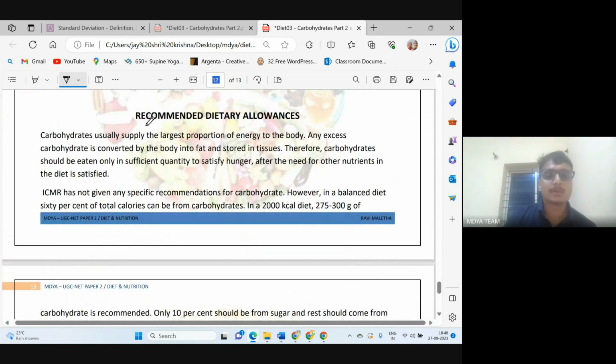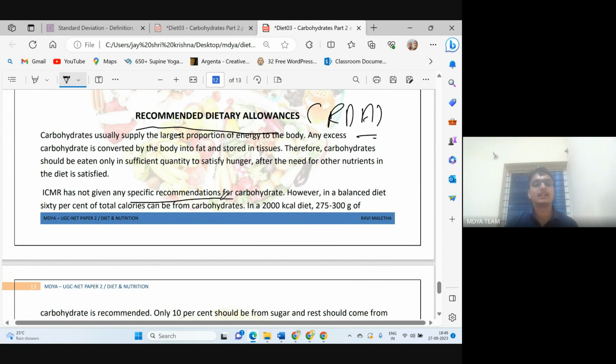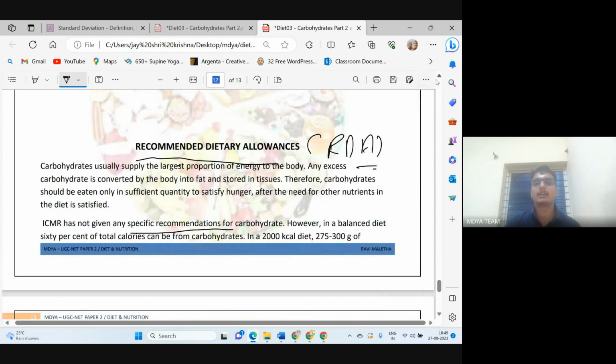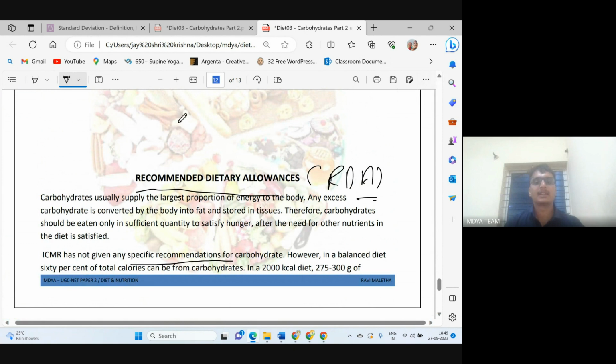Now let's talk about recommended dietary allowance, RDA. How much carbohydrate should we consume? There is no specific recommendation for consumption of carbohydrate, but if you are taking some diet, then 60% of that diet should come from carbohydrate.